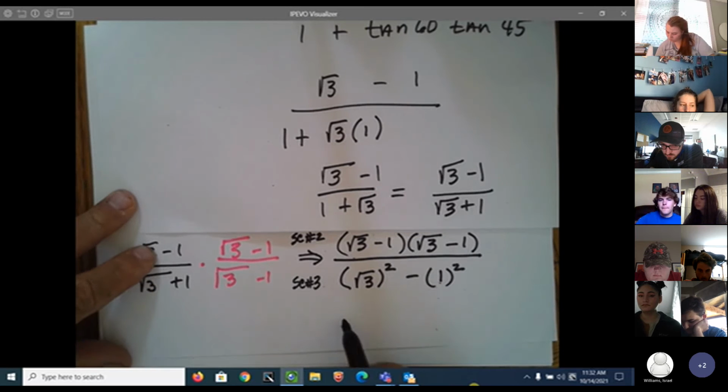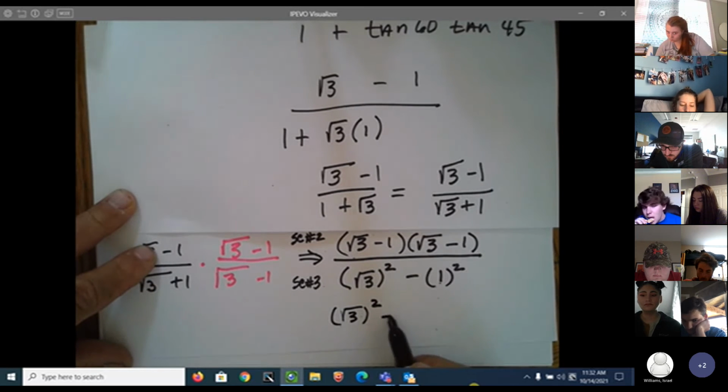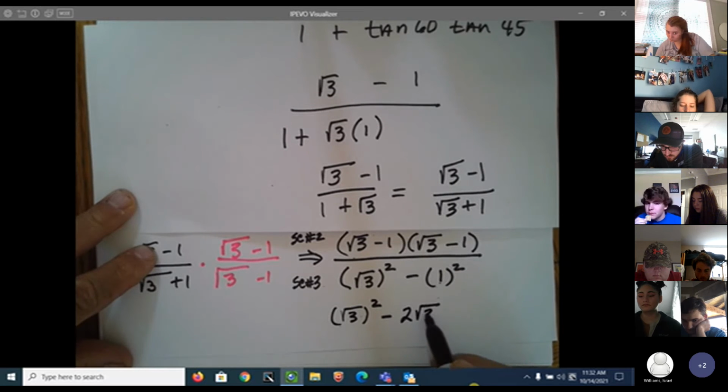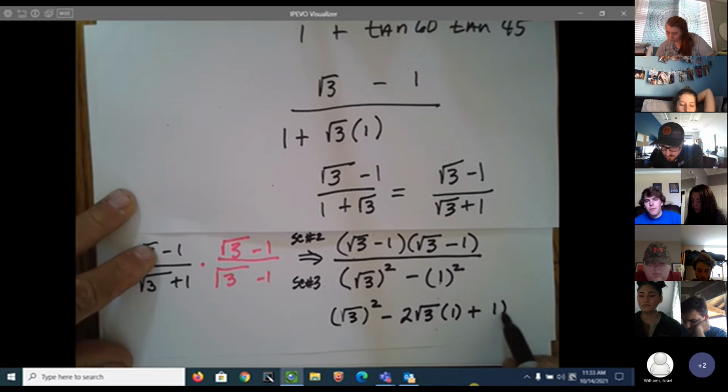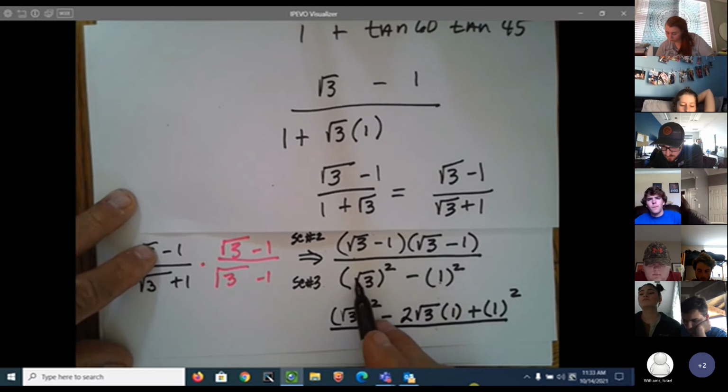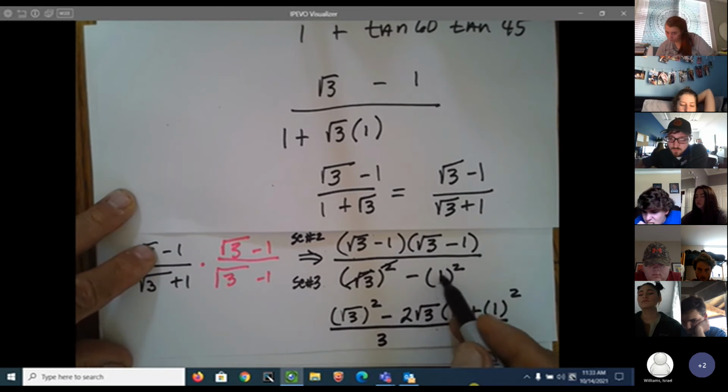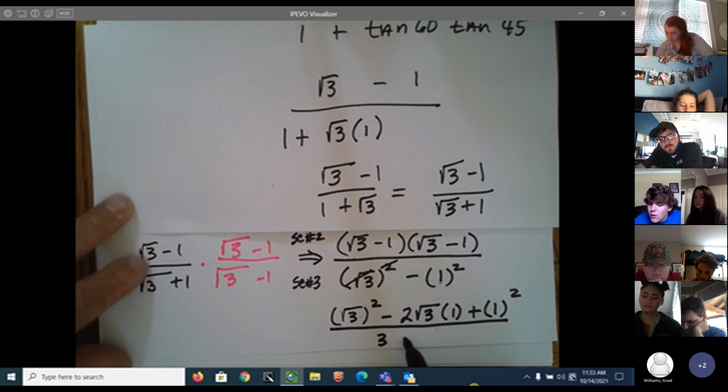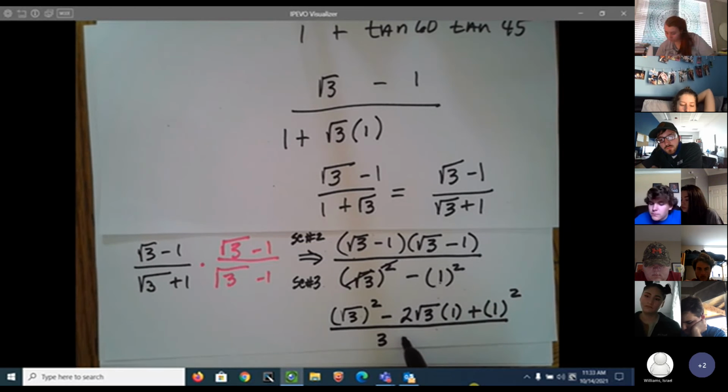So that's going to be the square root of 3 quantity squared minus 2 square root of 3 times 1 plus 1 quantity squared over 3, cancels that. That's 3. 1 squared is 3 minus 1.